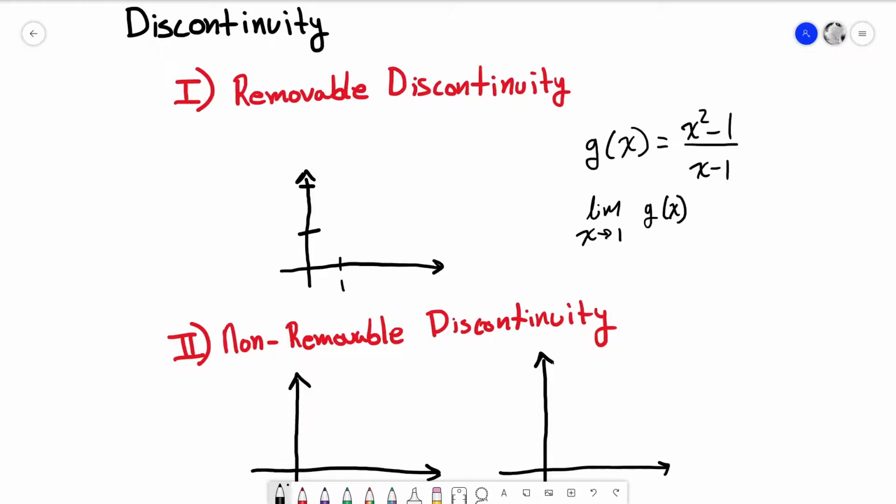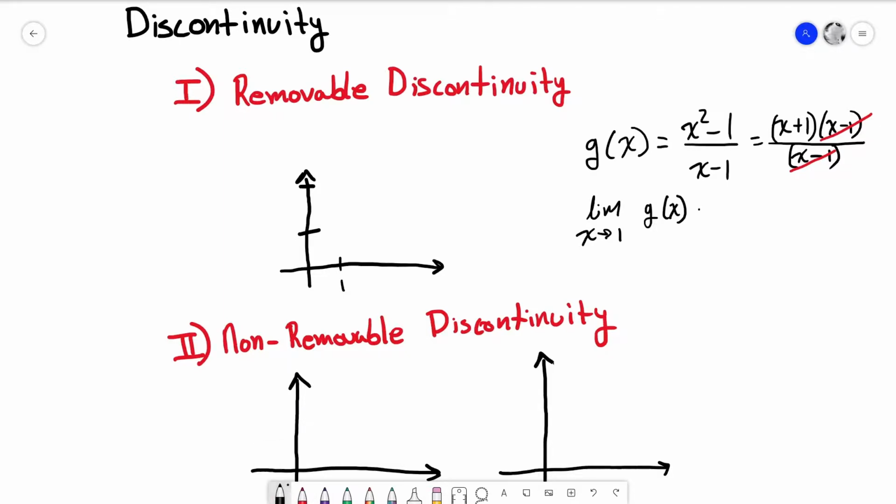notice that we can rewrite the function as x plus 1, x minus 1 over x minus 1. And then what ends up happening is that the x minus 1, which was causing us issues because we were ending up with 0 in the denominator, ends up canceling with something in the numerator.